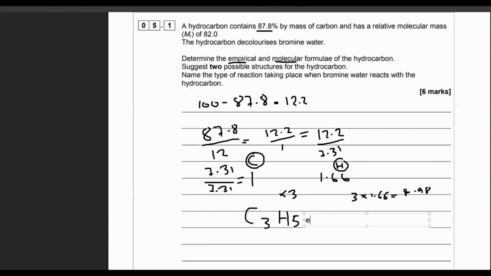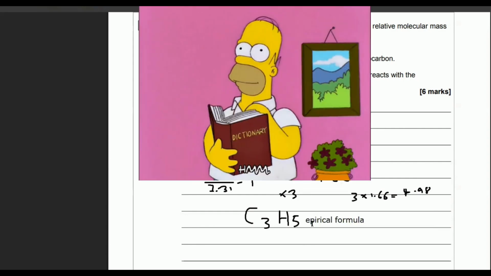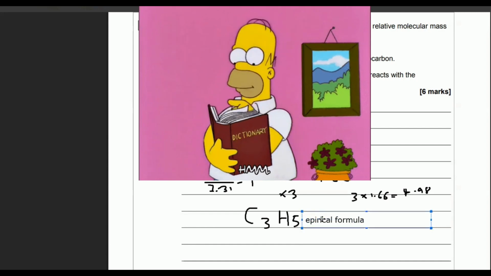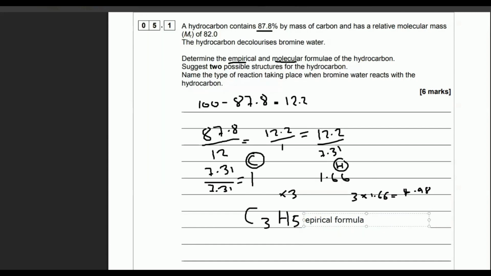Now, when I add that up, 3 times 12 is 36 plus 5 equals 41. Well, that doesn't equal the Mr we were told, which is 82. The Mr is 82 and the empirical formula mass is 41.